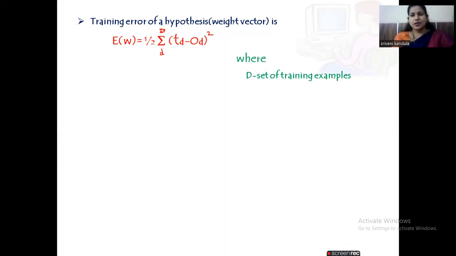So here D is the set of training examples. TD is the target output. OD is the output of the linear unit. And in simple terms, what we can say, here the error is nothing but half the sum of the squared errors. Okay, half the sum of the squared errors.